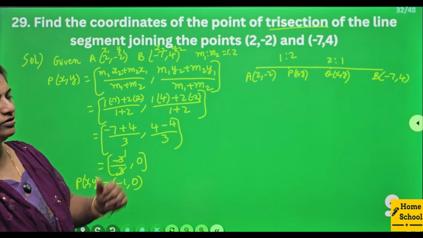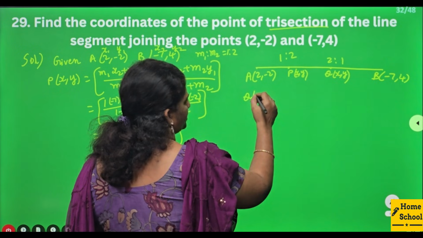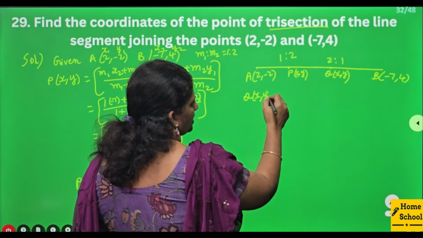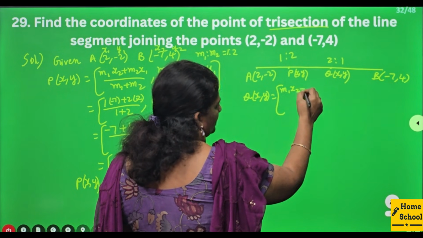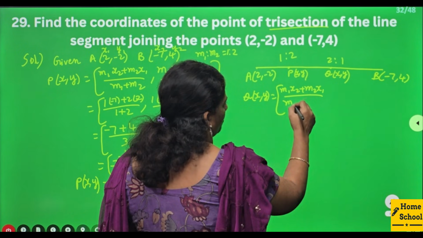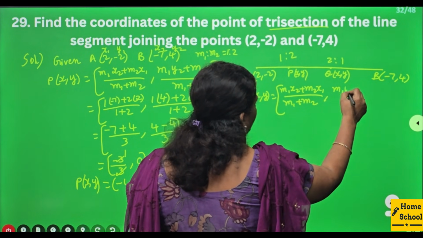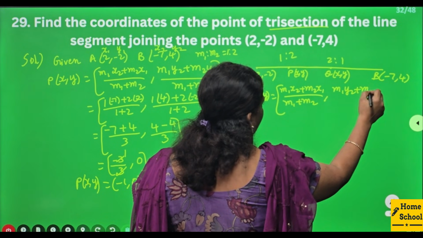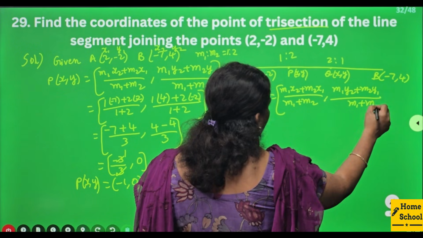Similarly, we are going to find Q(x, y). Again, write the section formula. Q(x, y) is equal to (m1x2 + m2x1)/(m1 + m2), comma, (m1y2 + m2y1)/(m1 + m2).